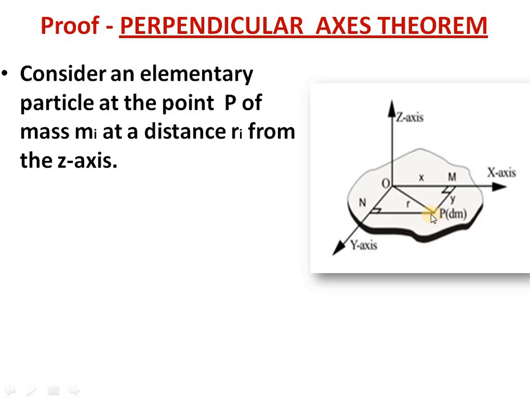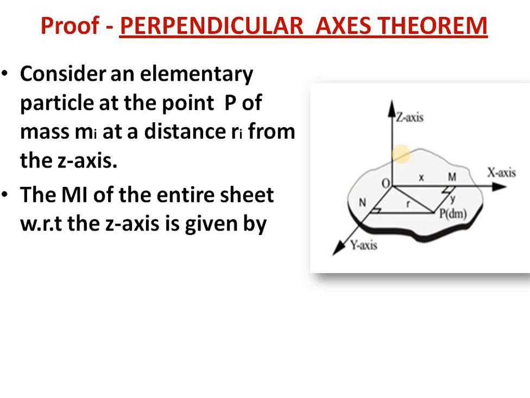What about the moment of inertia of this particular particle with respect to the z-axis? Obviously that will be mi ri square. The moment of inertia of the single particle about the z-axis will be equal to mi ri square.